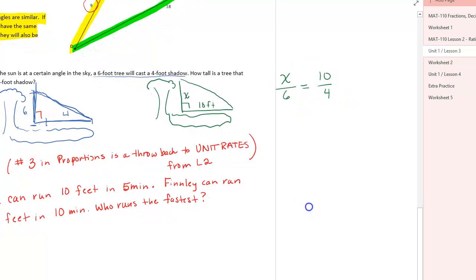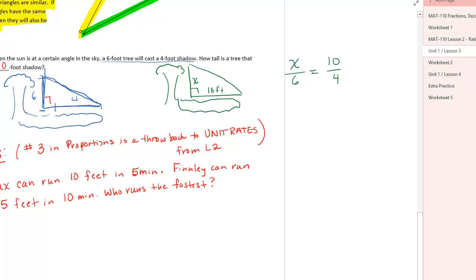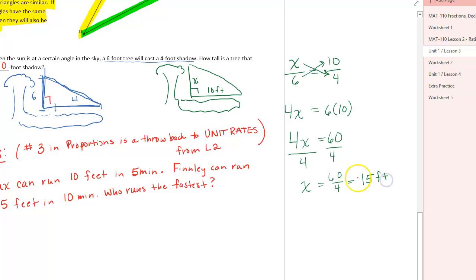If we cross multiply, we have x times 4, or 4x, is equal to 6 times 10. So 4x is equal to 60. And if I divide both sides by 4, I'm going to get x is equal to 60 over 4, which reduces to 15. So a tree that casts a 10-foot shadow is going to be 15 feet tall.